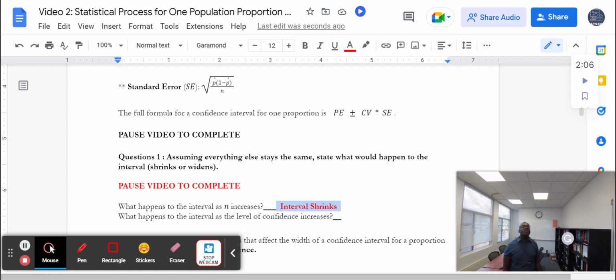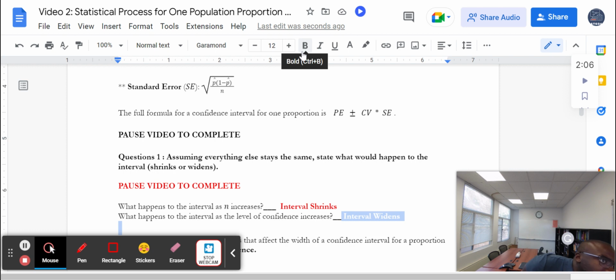Ideally, you would have already answered that. The interval will widen. The more confident you are in terms of the parameter of interest, the wider that interval will be.